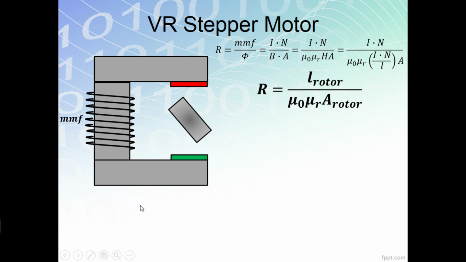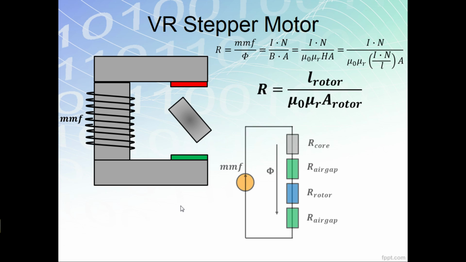If we create a diagram of this magnetic circuit, it would be like this. We have the source, the magnetomotive force, and the reluctances of each magnetic component here. It is assumed that the reluctance of the core would be very, very small compared to the other components, so we can neglect it to make the circuit simpler.